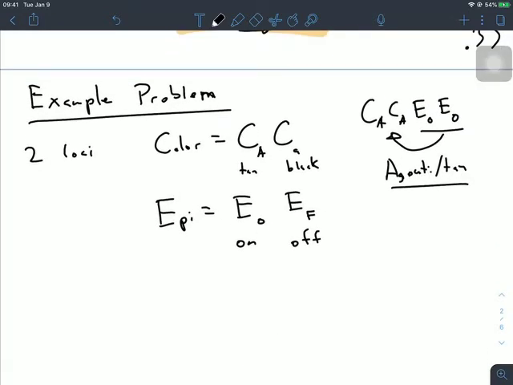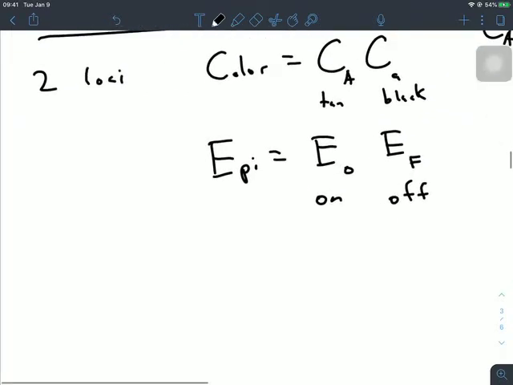But let's go ahead and look at this in terms of recombination distance. Because in this situation, we know that the epistatic controller and the color loci are actually linked. And so we're going to determine the genetic distance between these two loci by performing a couple crosses. So we're going to start out with an individual that is white, but we know that their color loci are also homozygous.